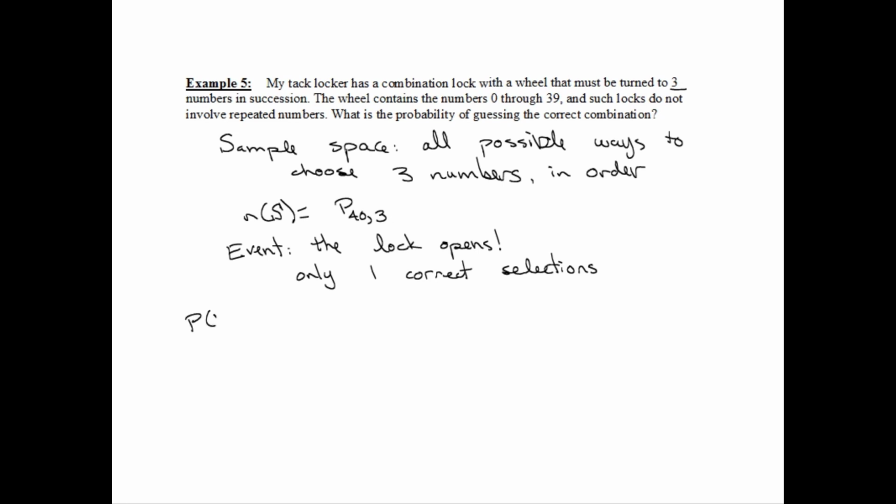So my probability that the lock opens will be the number in my event divided by the number of possibilities. So that'll be 1 divided by permutation 40, 3. So this is about 1.687 times 10 to the negative 5th, which is, move your decimal for 5 slots.